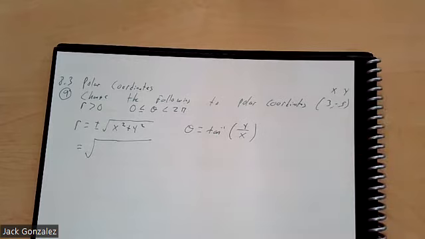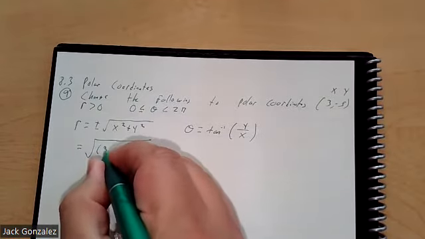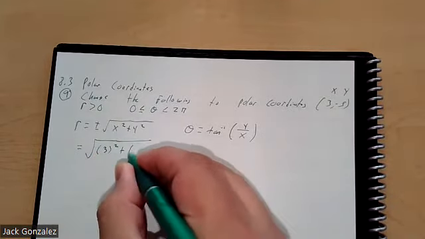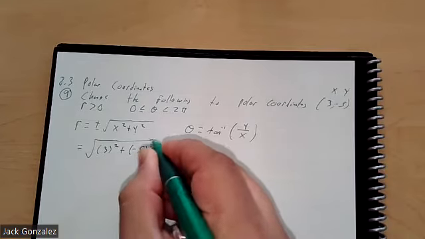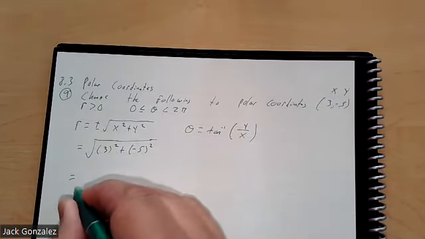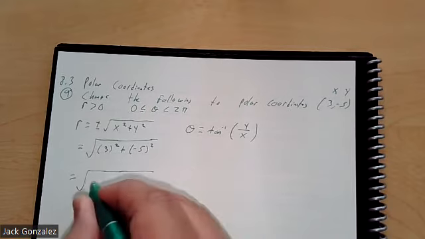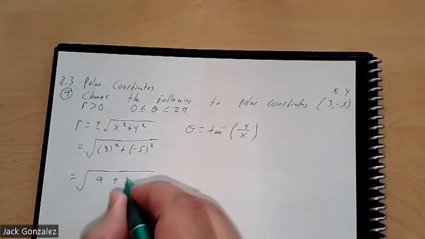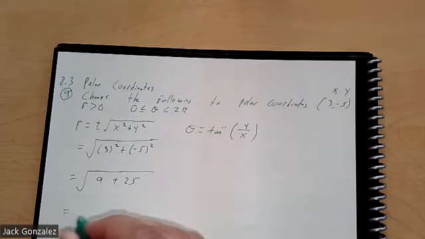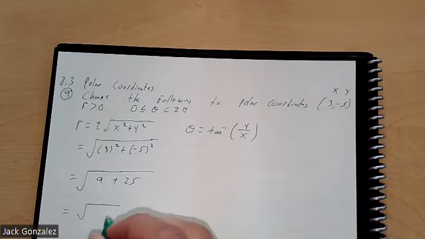So that will be 3 squared plus -5 squared. That'll be 9 plus 25, which is square root of 34, right? Okay, so there's r.